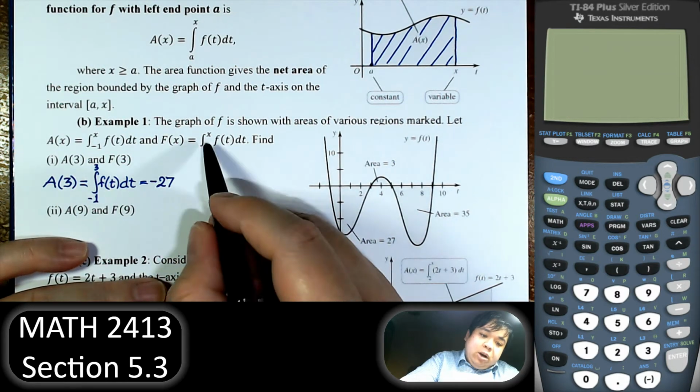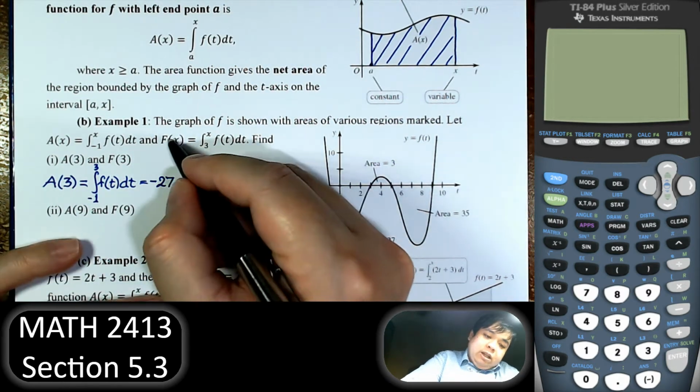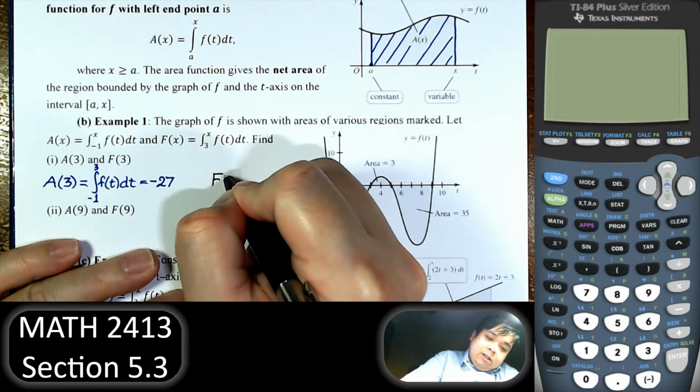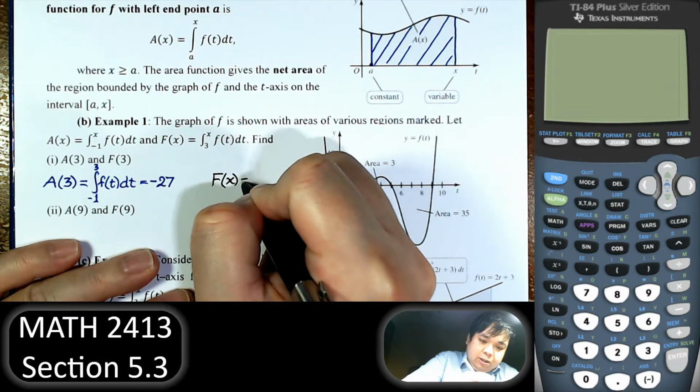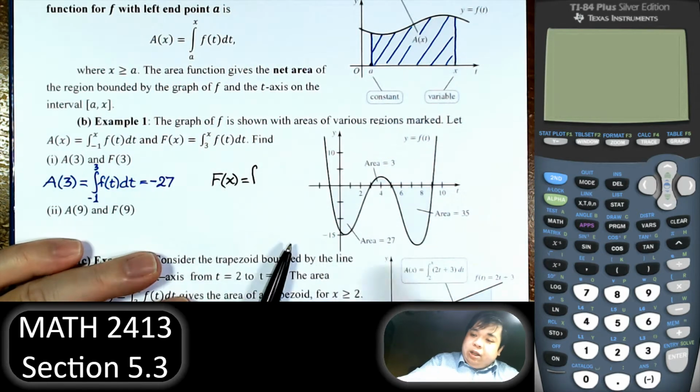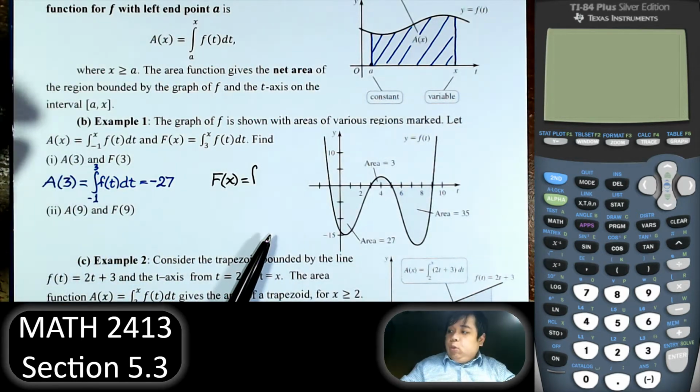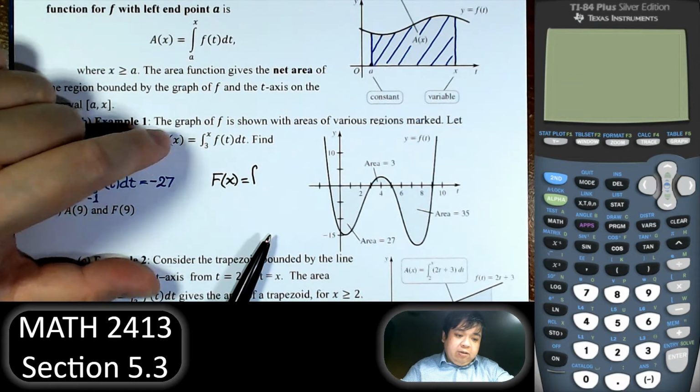Next, what is the area from 3 to 3? Now this is the function f of x, defined from 3 on. Now we want to evaluate f of 3.